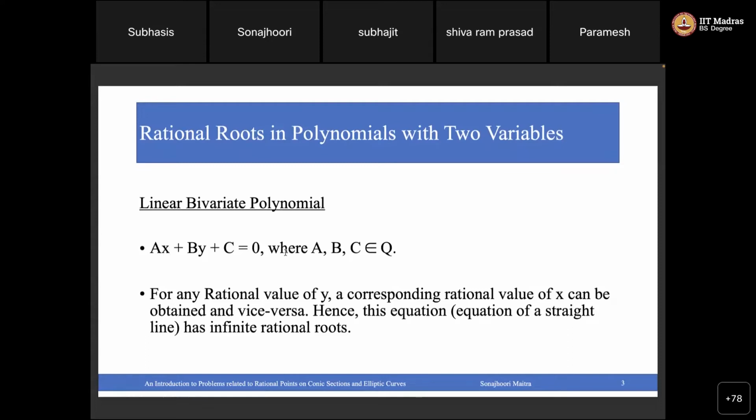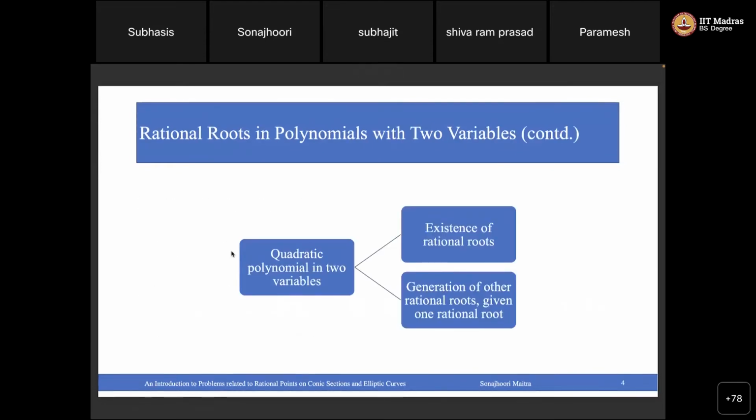But when we move one degree higher, that is when we go to quadratic bivariate polynomials, we can also show that there are infinite rational roots or 0 rational roots, but the calculations are a little bit rigorous. When we deal with rational roots of any curves, we basically deal with two questions. One is existence of rational roots, whether rational roots exist or not.